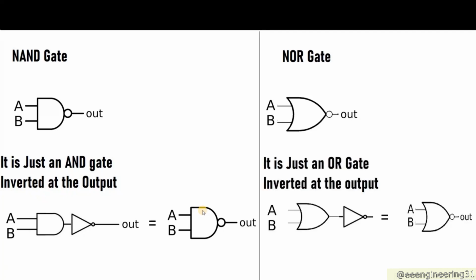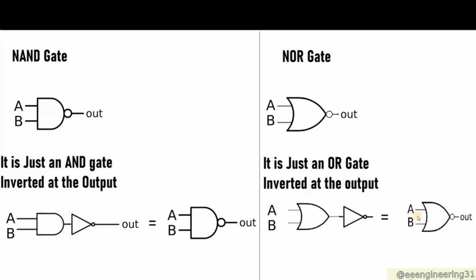Next, the NOR gate is just an OR inverted, so it's like you have an OR gate and a NOT gate in front of it, and it will be represented like that. As I said, they are really useful when you try to redesign electronic circuits. We're not going to get into that for now, but just bear in mind if you have this question pop up in your head, why would we need a NAND gate or a NOR gate when we already have AND gates and OR gates?